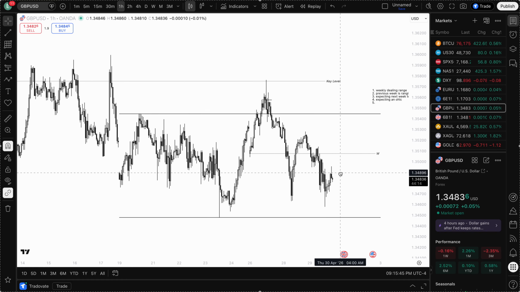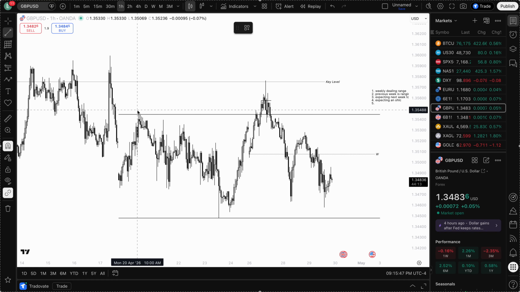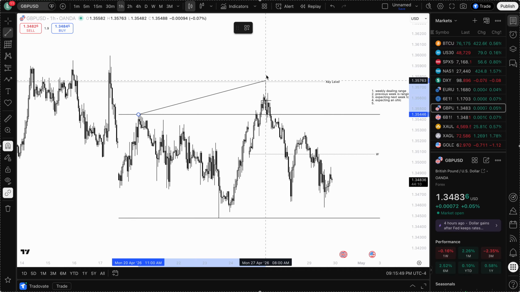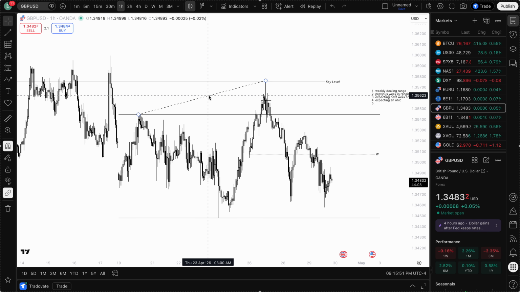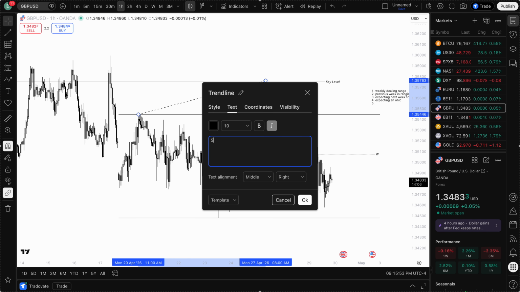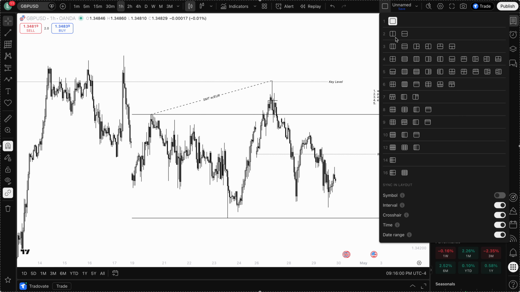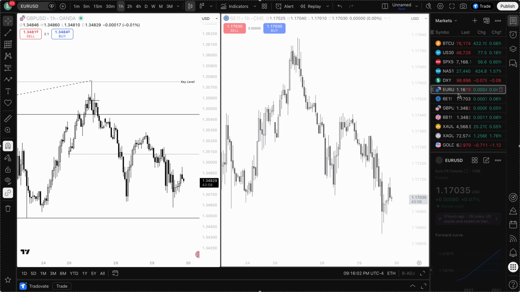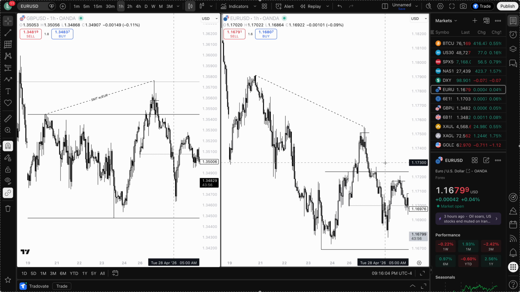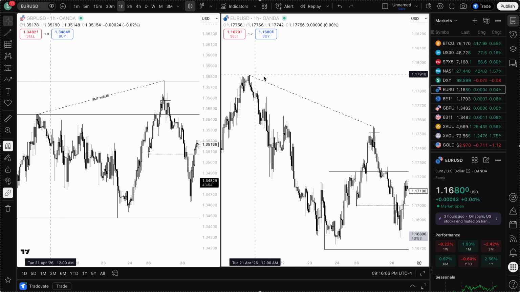Also, there was SMT between the euro dollar and the pound dollar. Just to put this into the video for future reference, you can see this high right here. See how it's highlighting both of them.